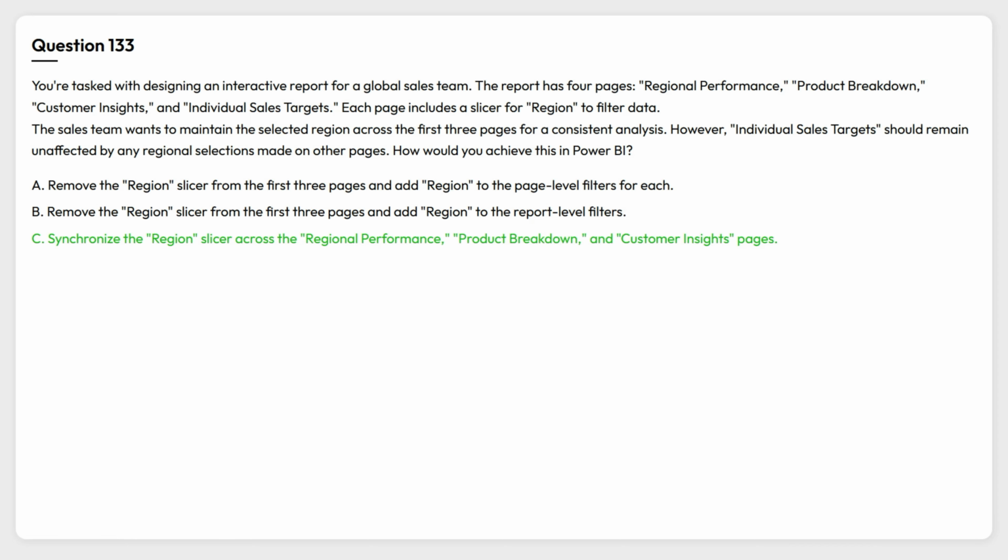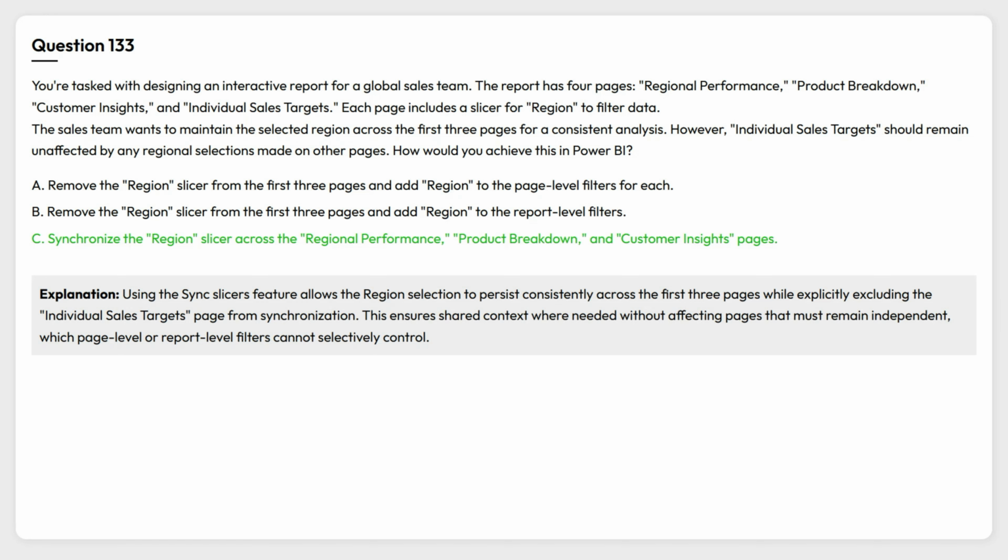The correct answer is option C. Synchronize the region slicer across the regional performance, product breakdown, and customer insight pages. Using the Sync Slicer feature allows the region selection to persist consistently across the first 3 pages while explicitly excluding the individual sales target page from synchronization.